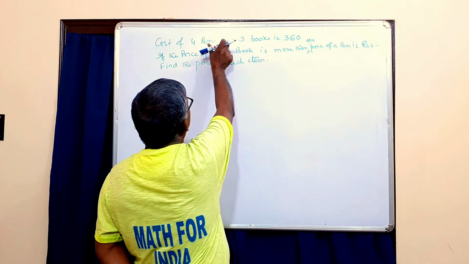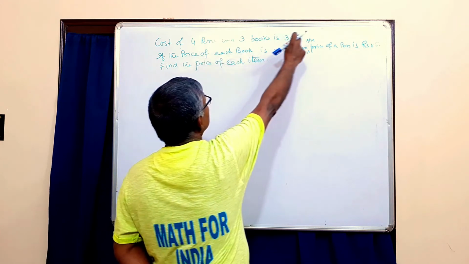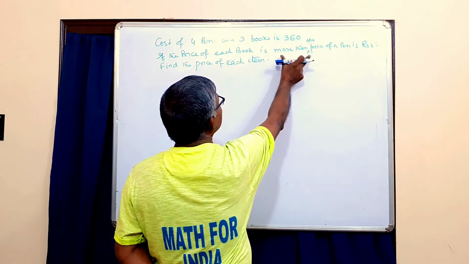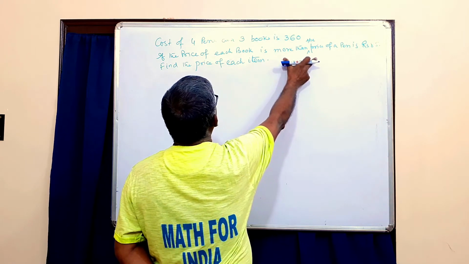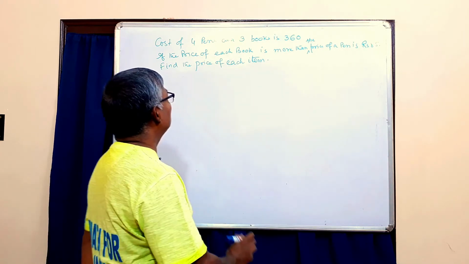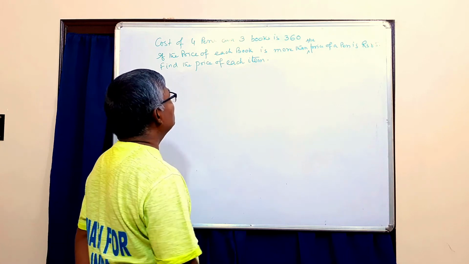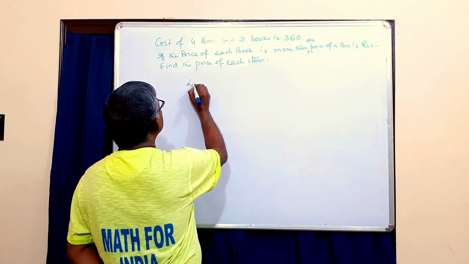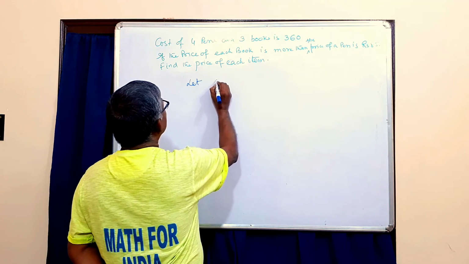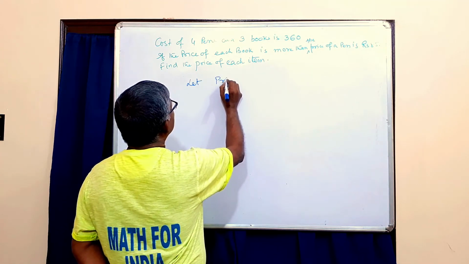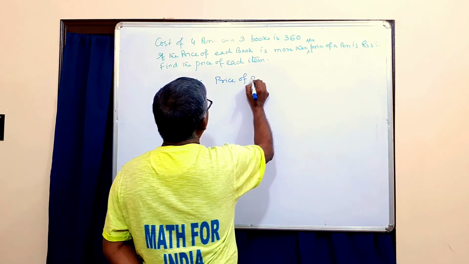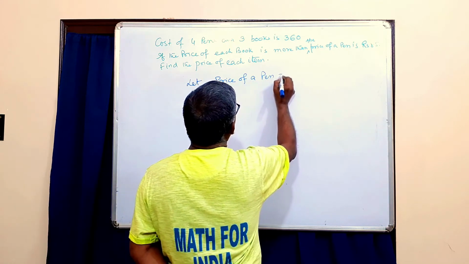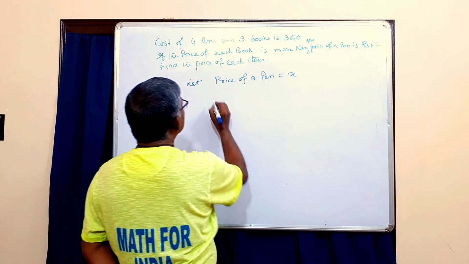Here consider the problem. The price of 4 pens and 3 books is 360, and here is another condition. So let us translate the problem into mathematical notation. Suppose the price of a pen equals x.